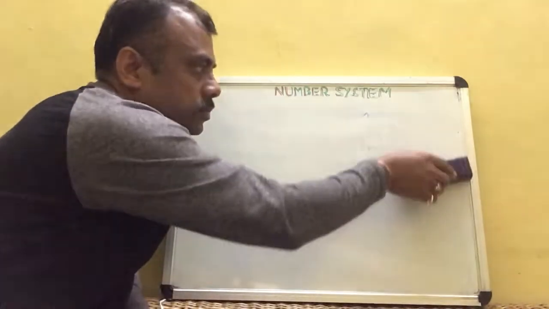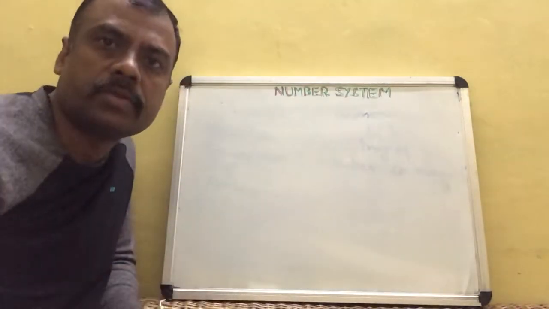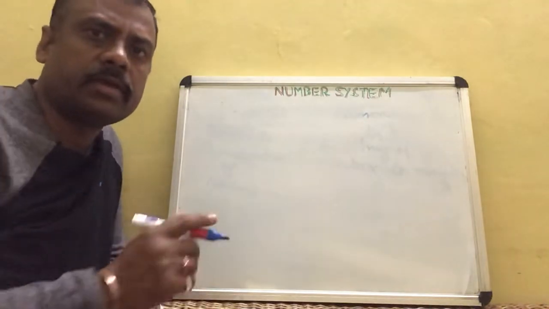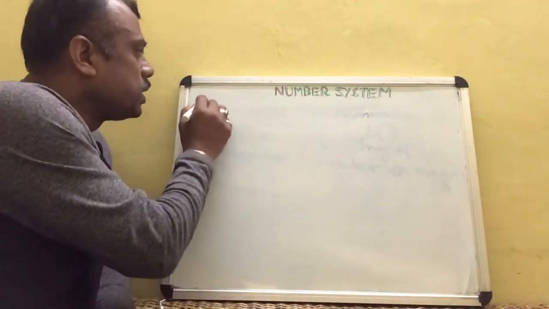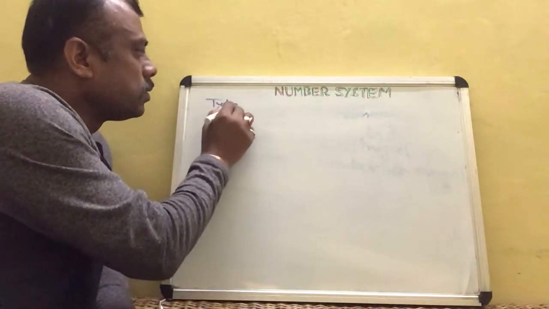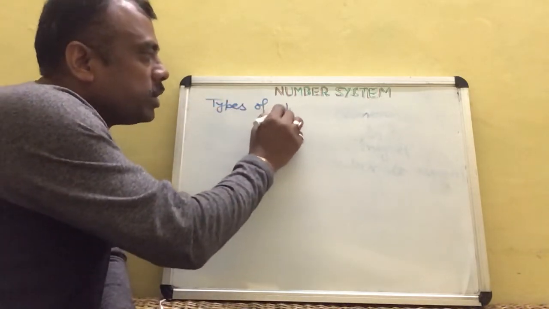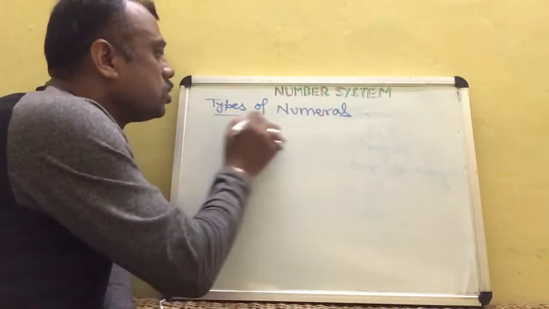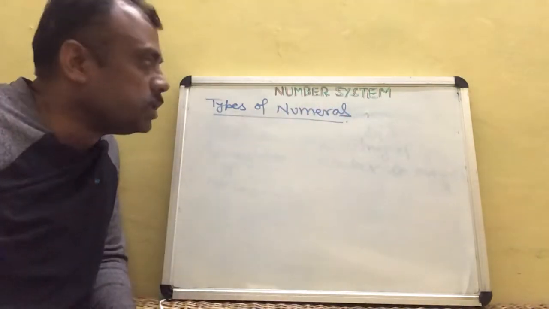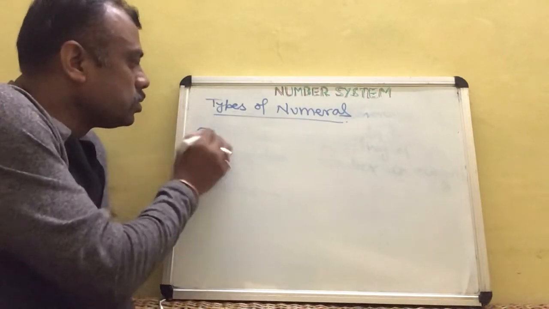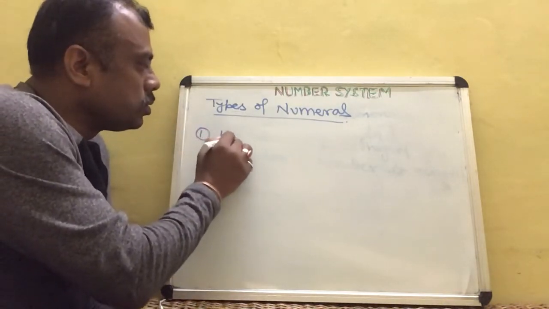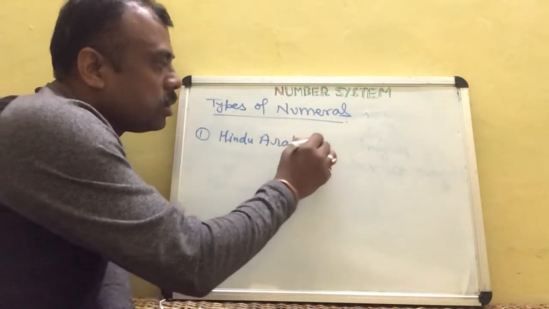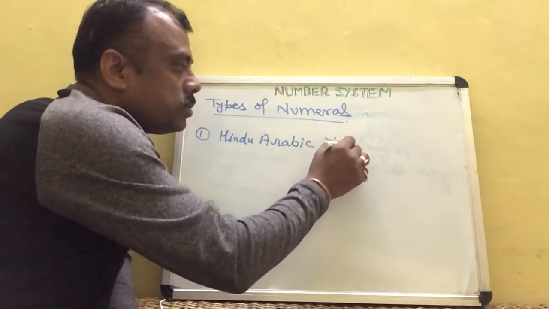Actually, there are many types of numerals, but we will discuss only a very few types here. These are the Hindu-Arabic numeral system.